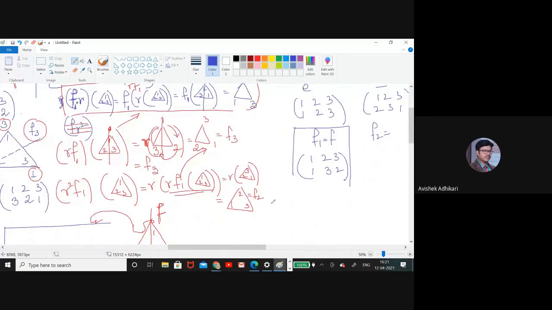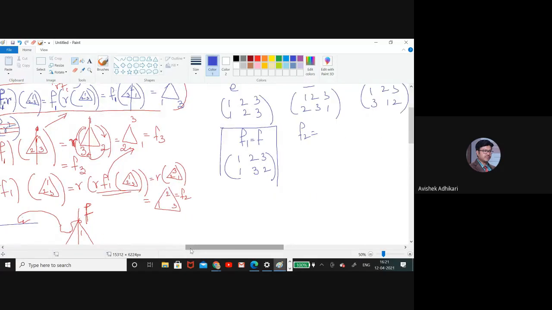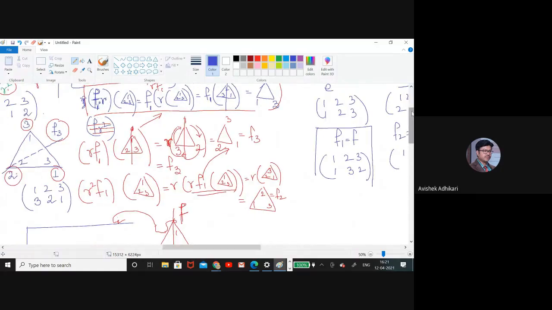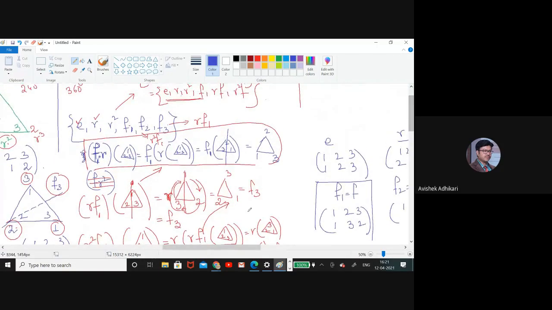So this is my F2, and F2 was nothing but R square F1. That means R square F, because I wrote F1 by F. Let's see how the permutation notation looks for F2.